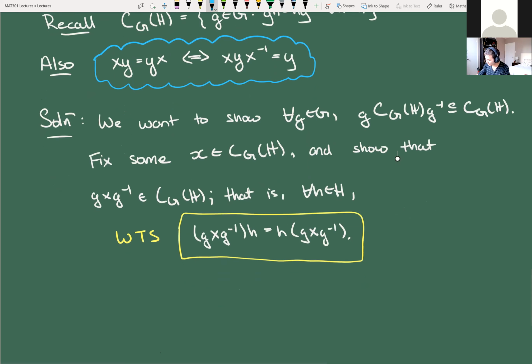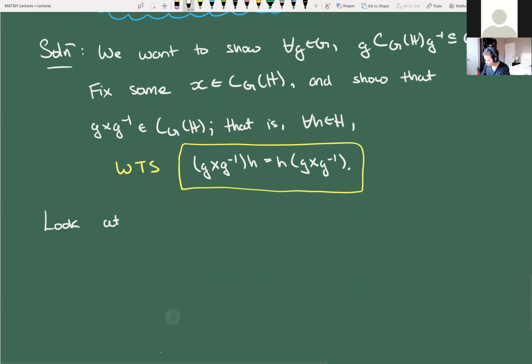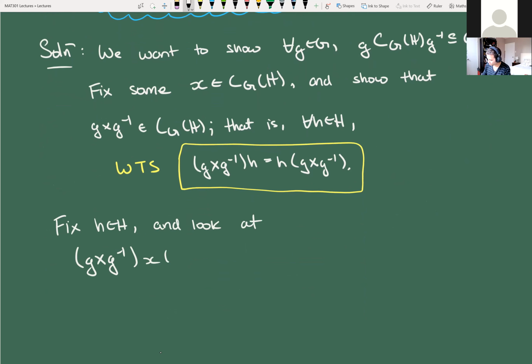So what I'm going to do instead is look at gxg inverse, or maybe I should say fix some h, because what we want to show is for all h. So let's say fix some h in H, and let's look at this thing.